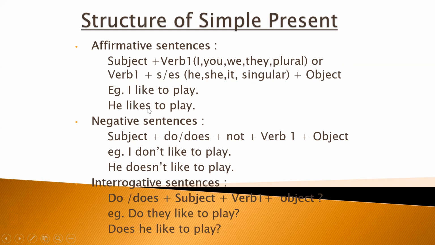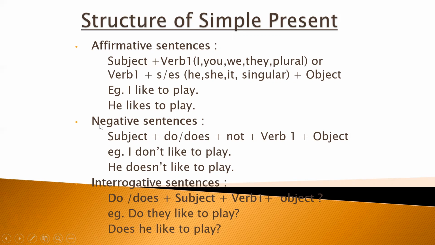We will add s or es; like, e is already there at the end of the word, so we will add s to it and the verb will become likes. He likes to play. So here we have to understand where to add s or es with the first form of the verb. If the subject is he, she, it or any singular subject, then we will add s or es. Like in this case it will become he likes to play, and if it is I, it will be only like, I like to play.